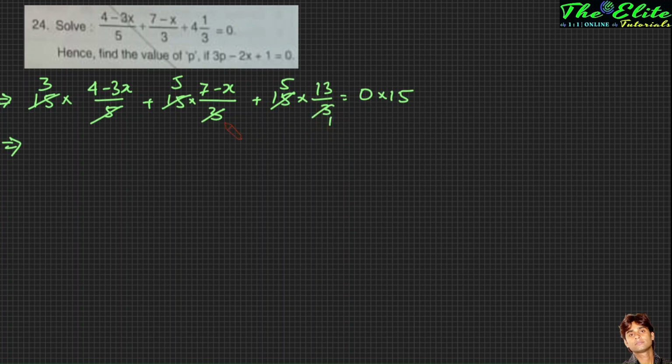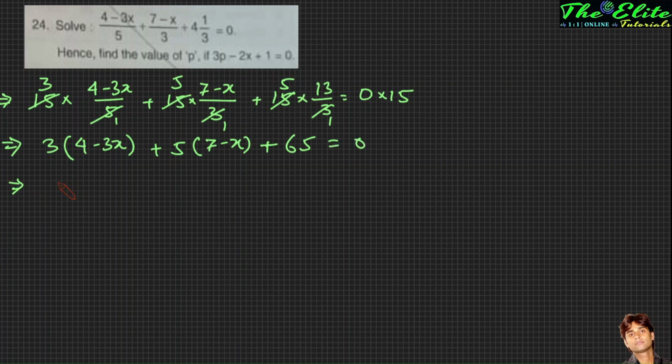If you want to write 1, write. If you don't want to, don't write. There is no such big deal. So it will be 3 times 4 minus 3x plus 5 times 7 minus x plus 13 times 5, which is 65, is equal to 0.